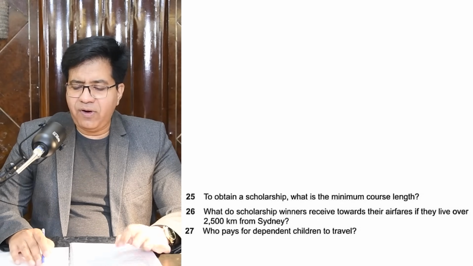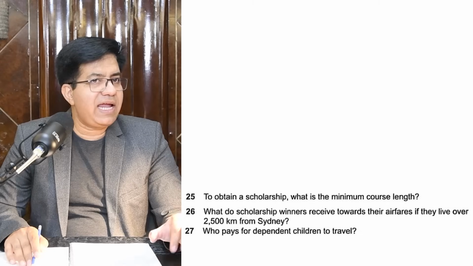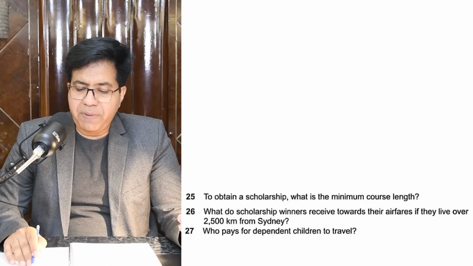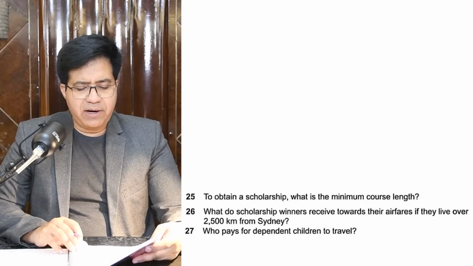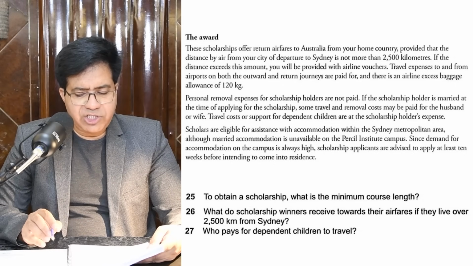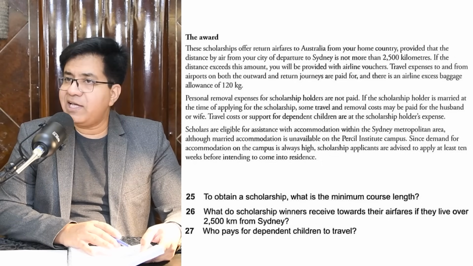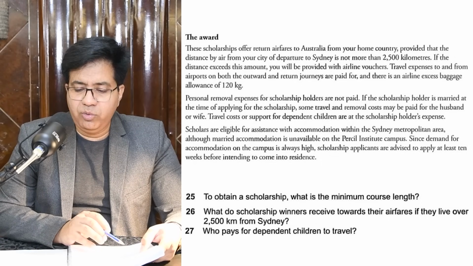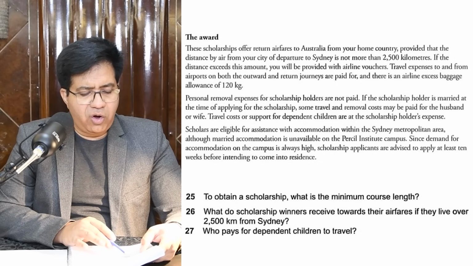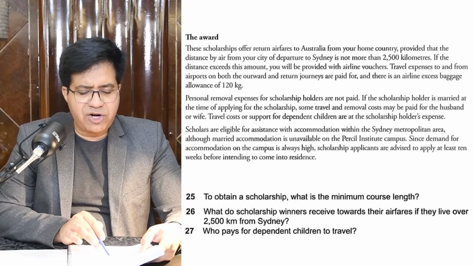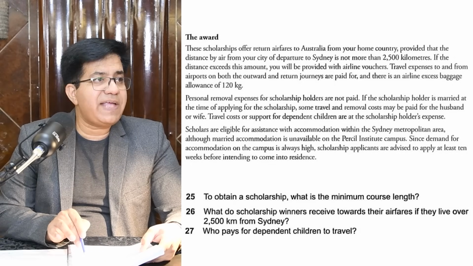Who pays for dependent children to travel? Like if you are going to study and you have children, who is going to pay for dependent children to travel? Second last paragraph, last line. Children is your clue word. Travel costs or support for dependent children are at the scholarship holder's expense.